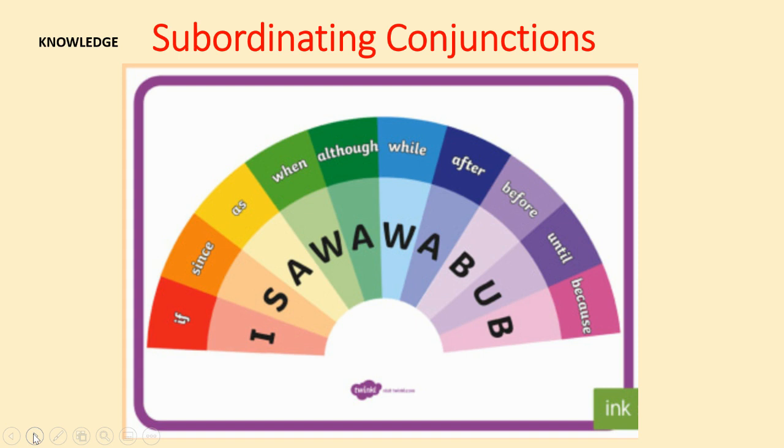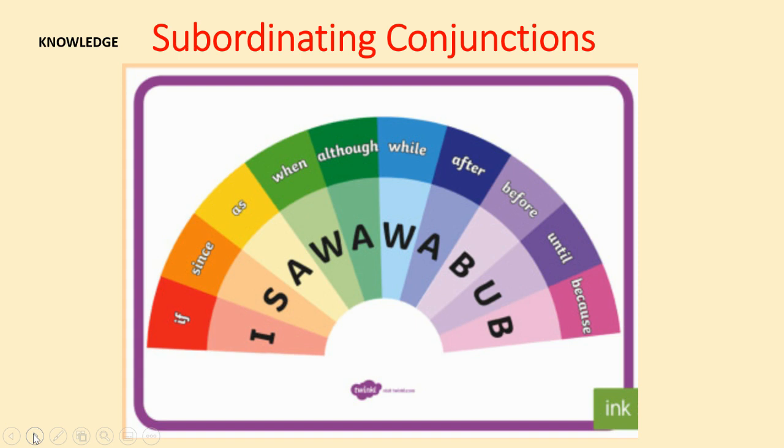My turn although, your turn. My turn while, your turn. My turn after, your turn. My turn before, your turn. My turn until, your turn. My turn because, your turn. So they are all subordinating conjunctions. They are the words that help to join our subordinating clause with our main clause.